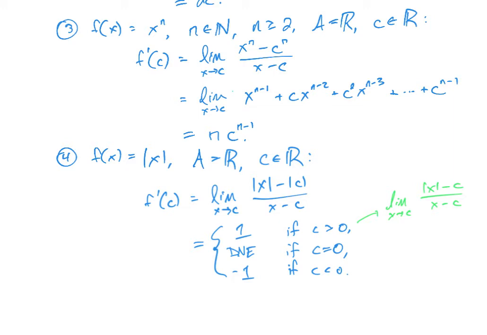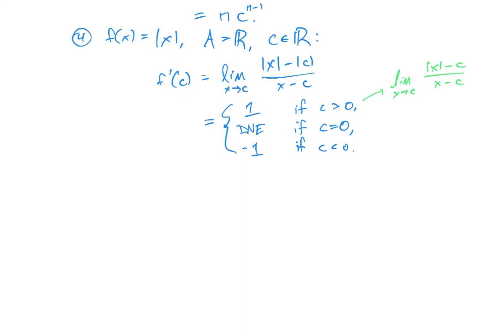For any delta that you pick, if you plug in x equals delta over 2, you'll get a positive 1. And if you plug in x equals minus delta over 2, you'll get a negative 1. So for any delta, you get two different answers. Therefore, you can't have a limit there.